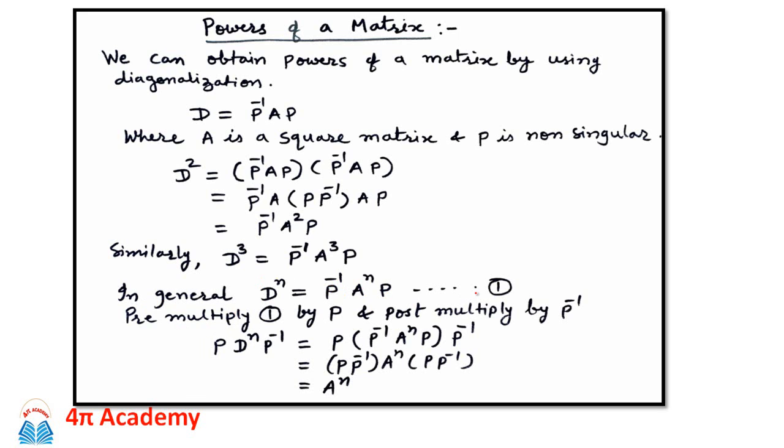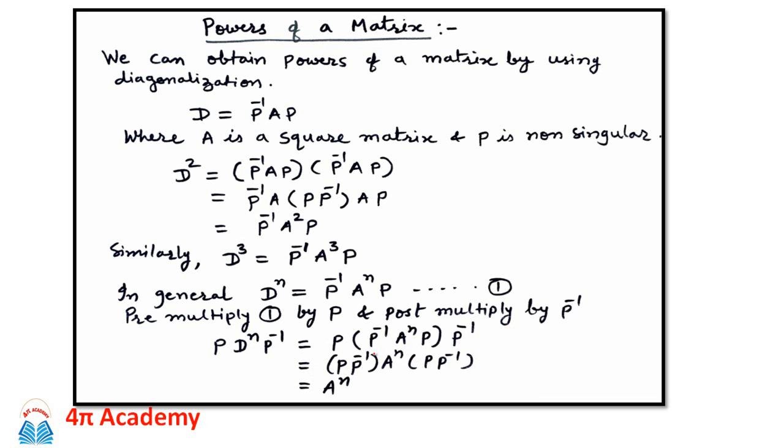So if I pre-multiply this equation by P and post-multiply by P inverse, then this equation will become P into D raised to N into P inverse is equal to P into P inverse A raised to N P into P inverse, and this will be equal to P into P inverse into A raised to N into P inverse.